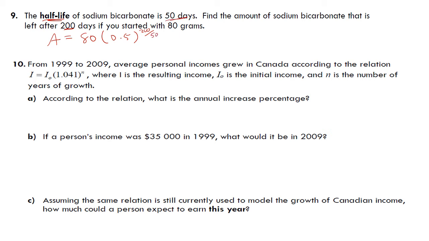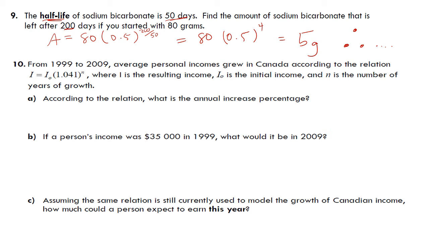Make sure you do the exponent calculation first. So this equals 80, 0.5, and then 200 divided by 50. You should be getting 4. And then enter that in your calculator just like you see it. And you should get 5 grams. And then don't forget therefore statement.